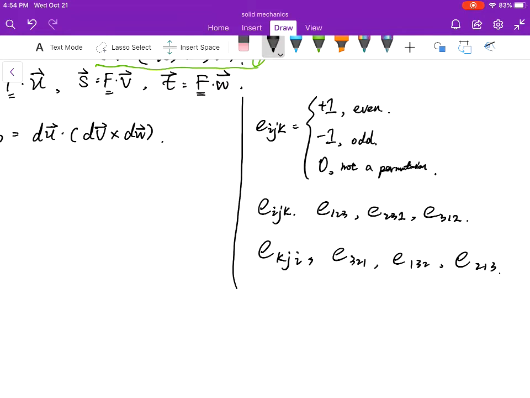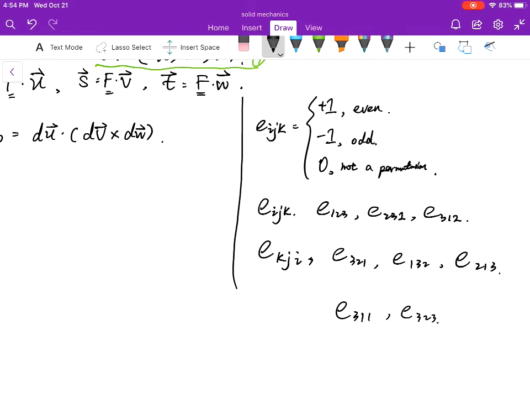These are odd permutations. What is not a permutation is like ikj, or like 3, 1, 1. This is not a permutation. And also something like 2, 3, 2 is not a permutation.